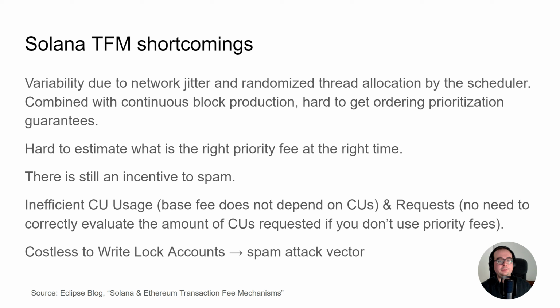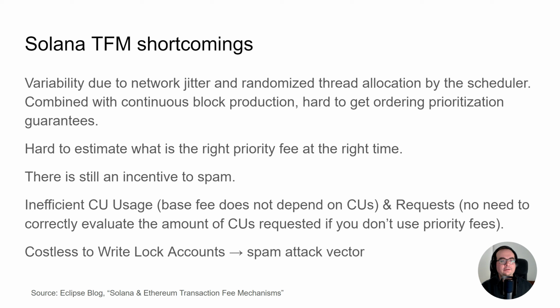And there is another source of variability coming from the fact that when a transaction arrives to a leader, then the scheduler of the leader will put the transaction in one of the 4 threads dedicated to execution, pretty much randomly. So we have seen last time that there are plans to improve the scheduler, but today this is how it works. It's pretty much random, and depending on where it goes, it might be more or less favorable in terms of conflicts with other transactions. And basically, the time in which it will be executed is not really deterministically dependent on the priority fee.